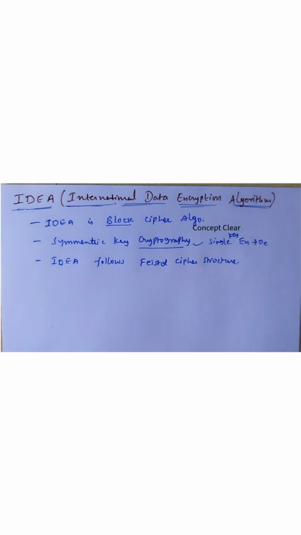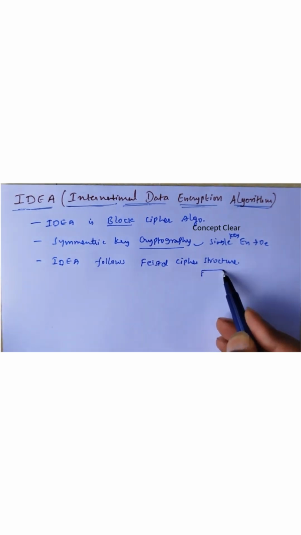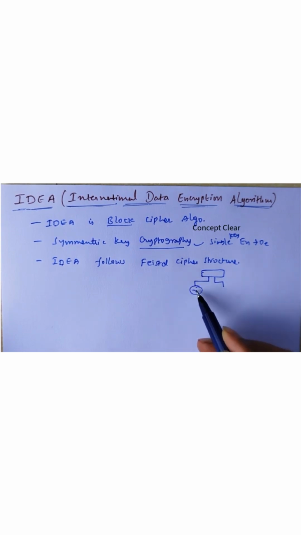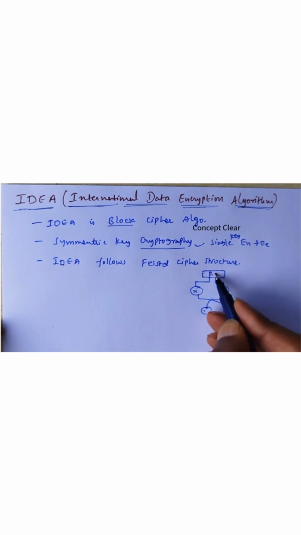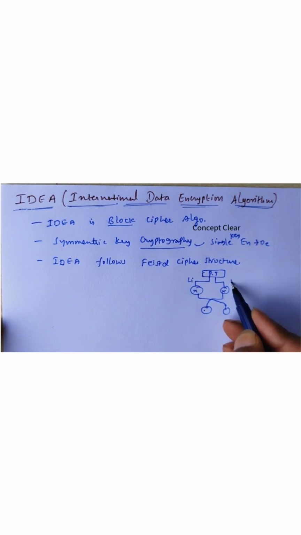The plain text is divided into a left side part and a right side part. Perform operations, and after that, both will be swapped, left side data and right side data. Again, we perform the same operation repeatedly. This is called the Feistel structure. This is the plain text, left side data, right side data.